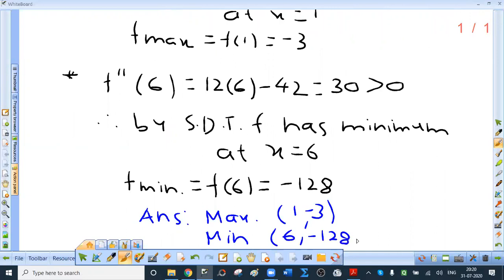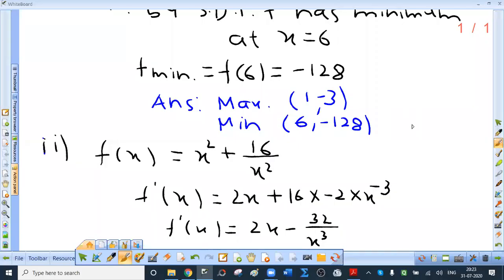See, why can I write this as an ordered pair? Because function is y equal to f(x). So value of f(x) is nothing but value of y at which point? At say x equal to 1 or x equal to 6.